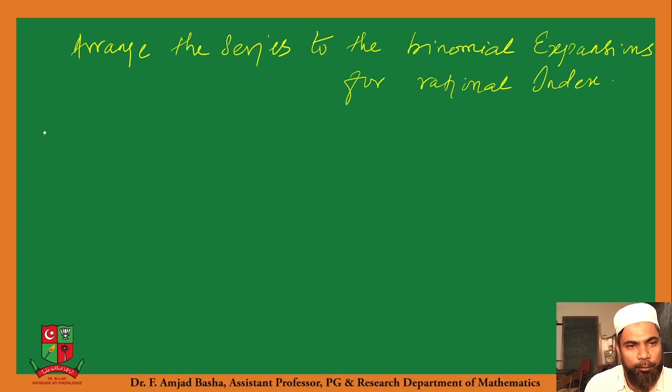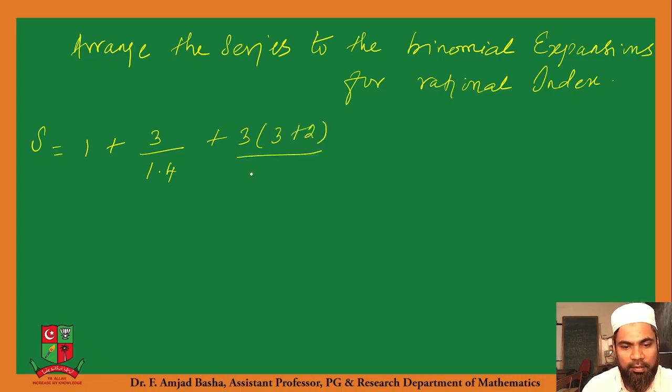So I'll put it in this way, that is S is equal to 1 plus 3 by 4, I'll just put it in this way, 1 into 4. Similarly 3 and 5 can be written as 3 plus 2. 3 plus 2 divided by 1 into 4 and 2 into 4. That is 4 into 8 can also be written as 1 into 4 and 2 into 4.